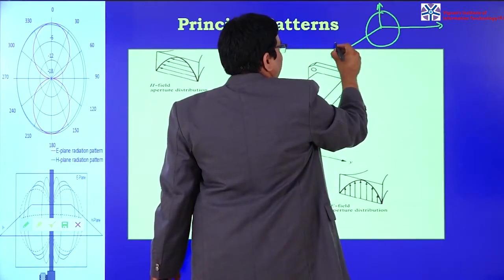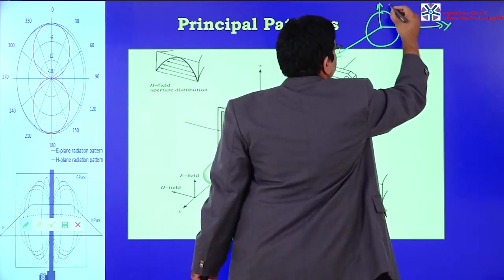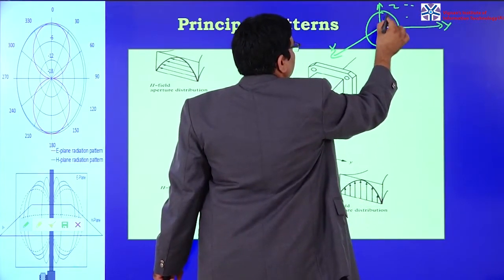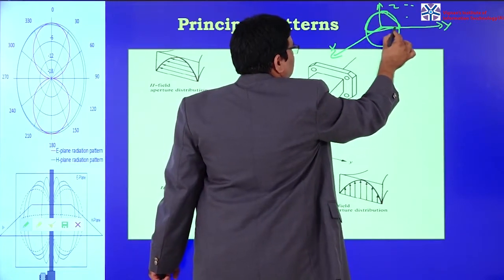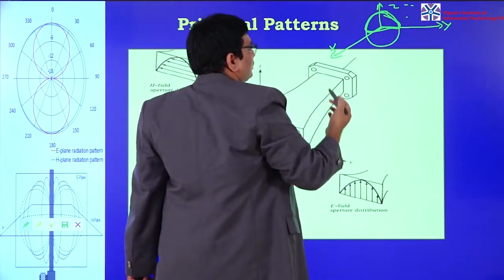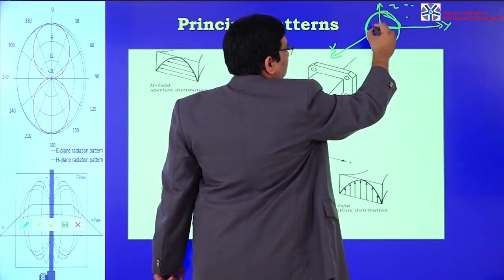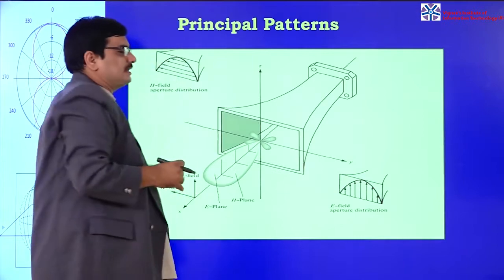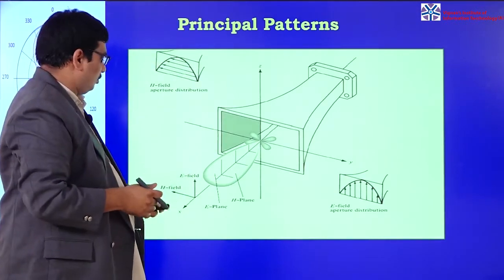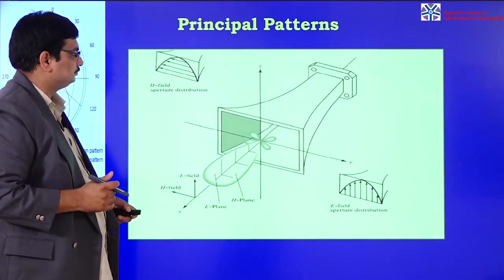Suppose we take the electric field lines in this direction, then this will be your radiation in the XY plane. Suppose we take the XZ plane, that is the electric field here and the magnetic field in the direction, then it is called the H field direction.